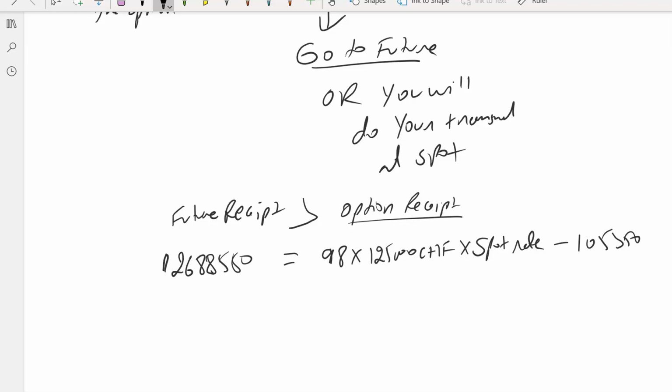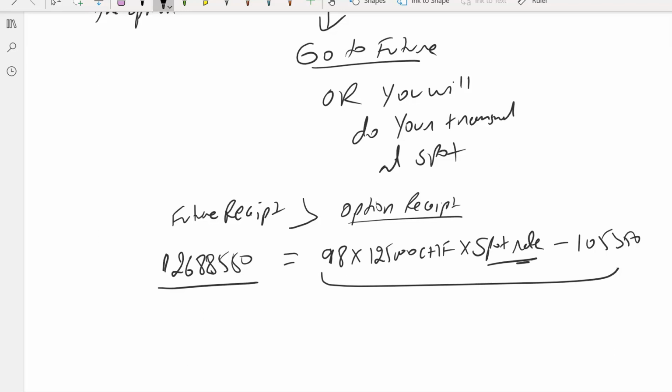So at least spot rate moves in such a way that its total receipt in case of spot rate transaction should be equal to the future transaction receipt. So I will not exercise the option if spot rate at least move in such a way that total receipts, by covering the premium, obviously we have to pay the premium at any case, but by covering the premium it should be equal to 12.688 million.